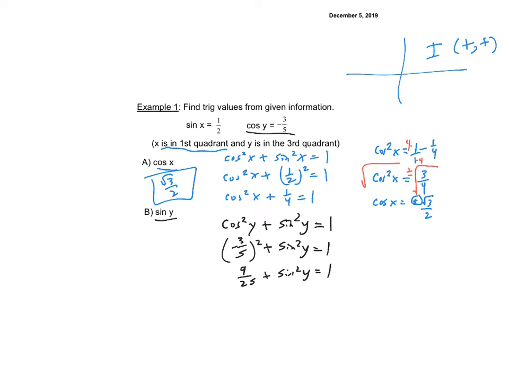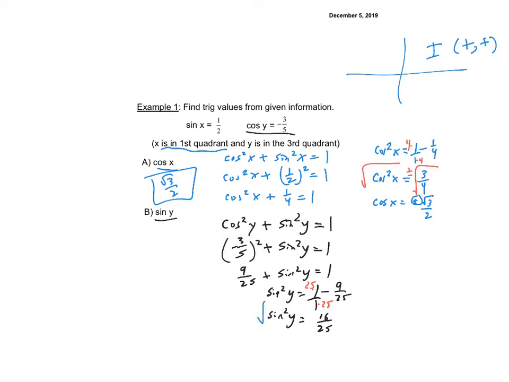I can go ahead and subtract 9/25 from both sides. Get a common denominator. My common denominator is 25. So now I can go ahead and simplify the right-hand side. 25 minus 9, there's 16 over the common denominator of 25.